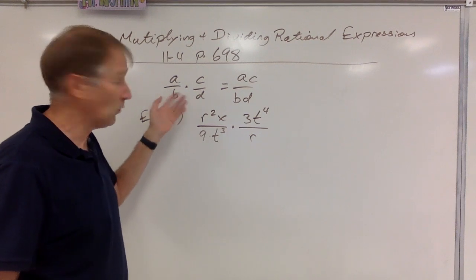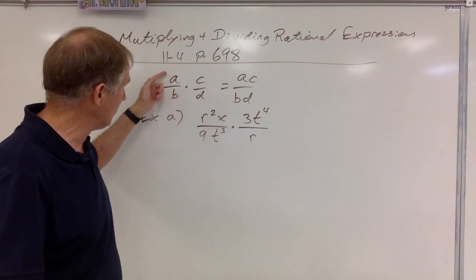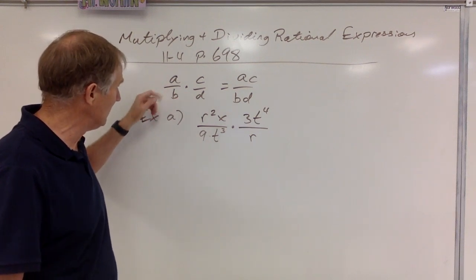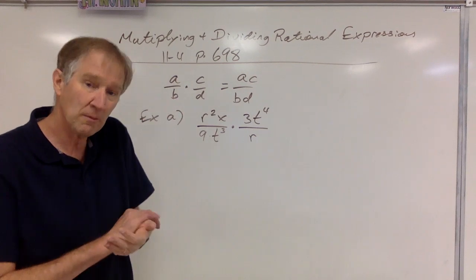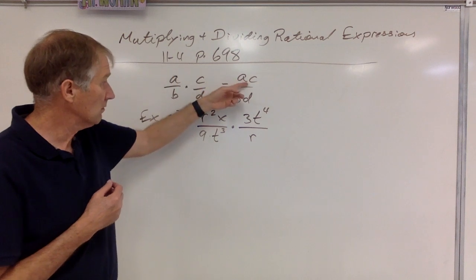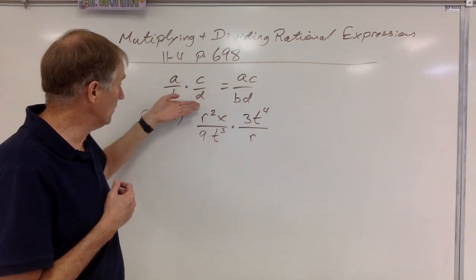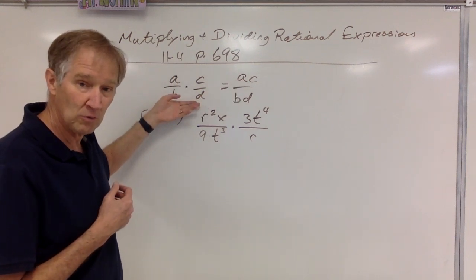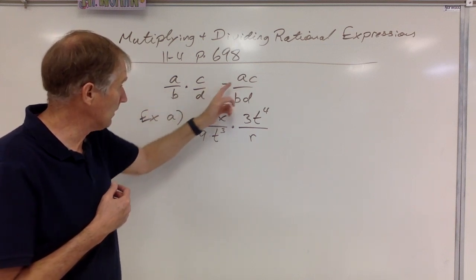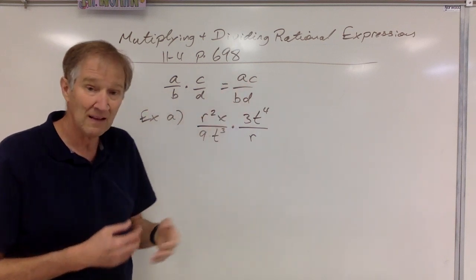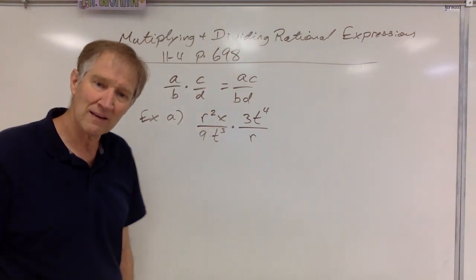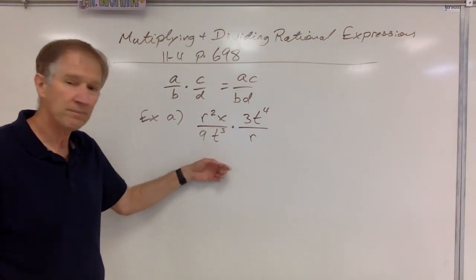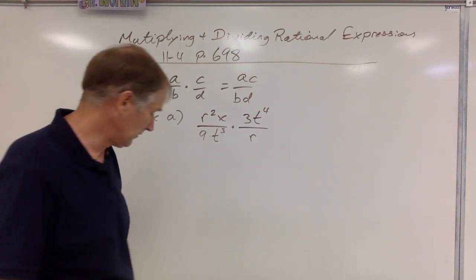You have a fraction a over b and a separate fraction c over d. When you multiply them, you simply multiply the numerators, and you separately multiply the terms in the denominator. So this becomes AC divided by BD. No big deal. We're going to do the same thing with rational expressions.